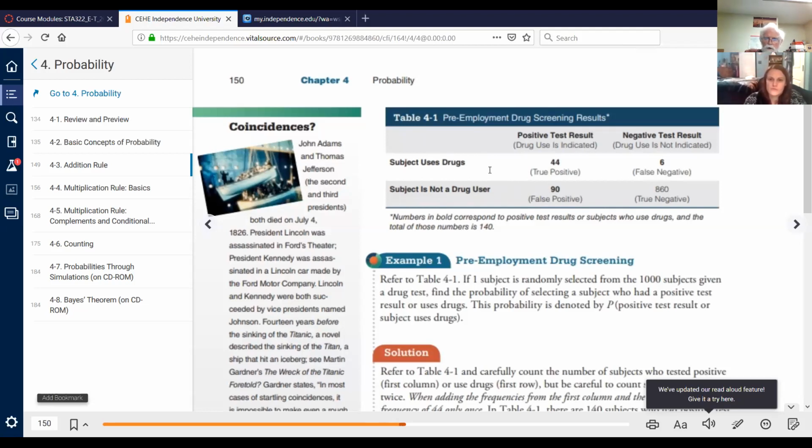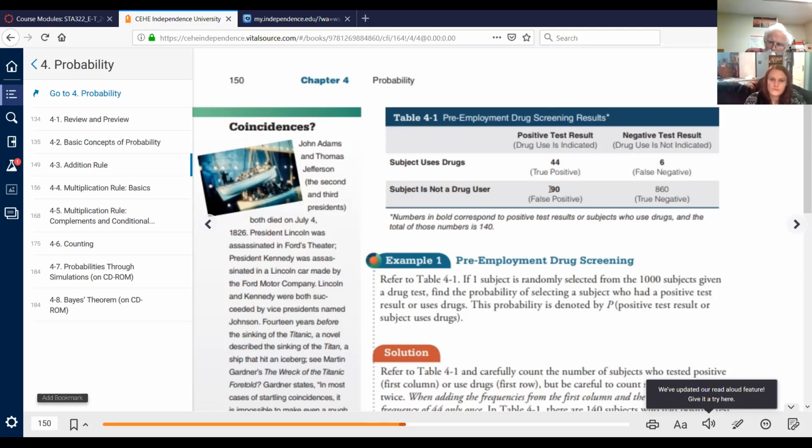So what are the chances that someone is not a drug user and tests positive? Well, there are 1,000 of them, but only 950 are not drug users, and 90 of them test false positive.